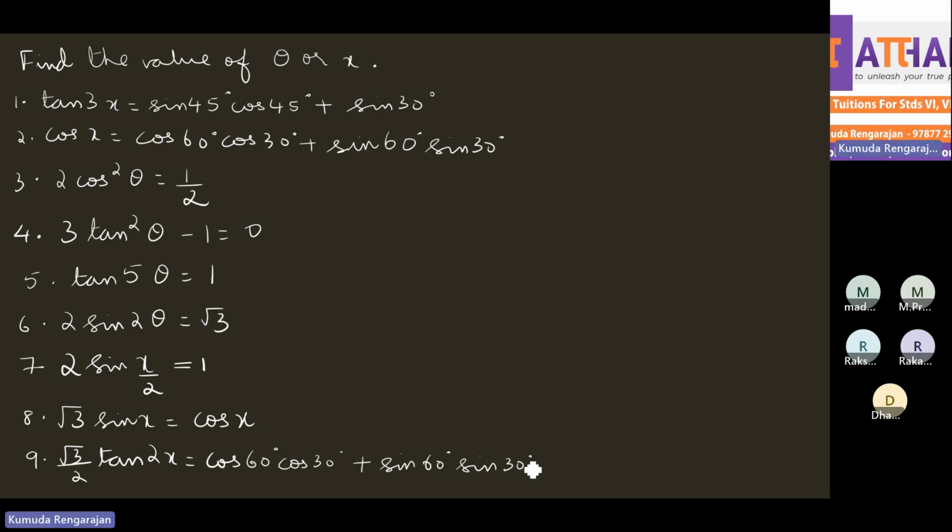So tan 3x is equal to tan 45 degrees, which is equal to 1. Only when you have tan on both sides can you compare both the sides. If you compare, 3x is equal to 45.